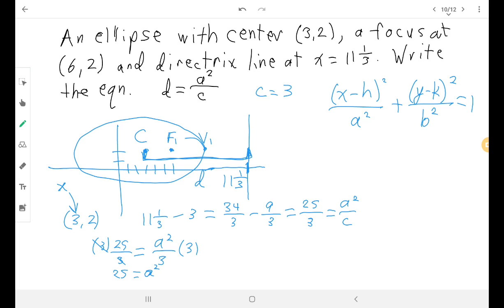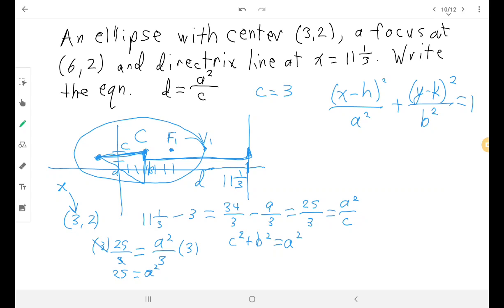And then, remember, I know this other little fact, that if I have a focus point and a distance C, C, B, and A works like that. So I know that C squared plus B squared equals A squared.